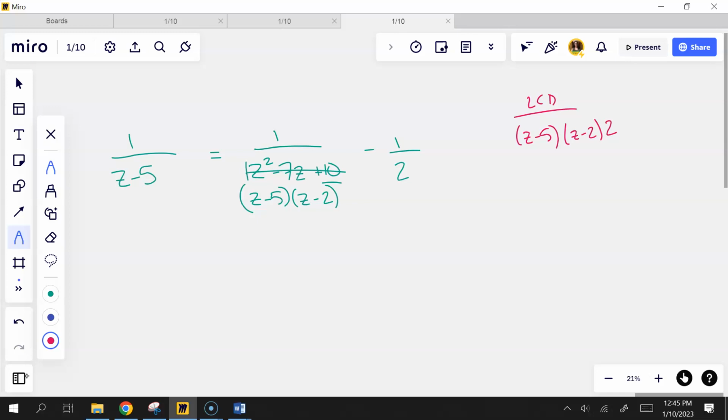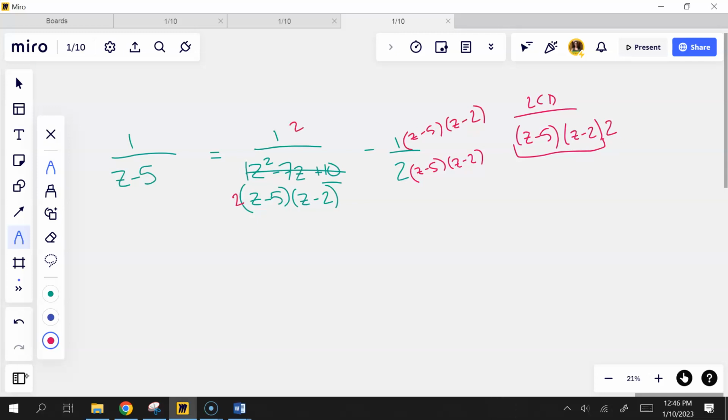Now, what do you do for 2? You add a z minus 5 and a z minus 2. You add all of this because it's already got the 2. So it's going to get a z minus 5 and a z minus 2. Yep, so this one needs a 2.